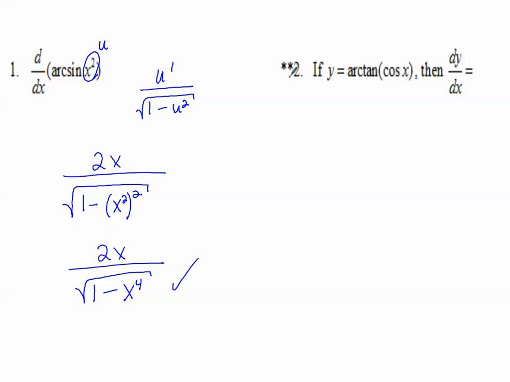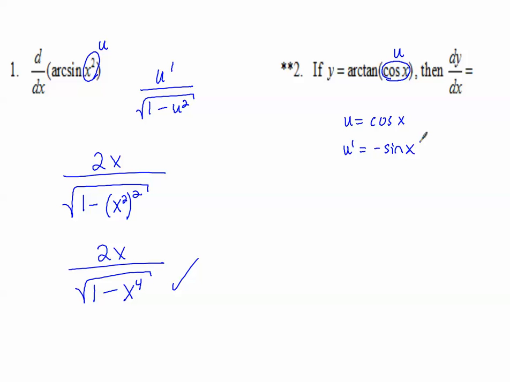Take a look at one that was on an AP exam. The arctangent of the cosine of x, we want the derivative of that. Anything inside of our arctangent function, our arctrig function, that'll be our u. If it helps you, write down what u is and write down what u prime is, or call it du dx.